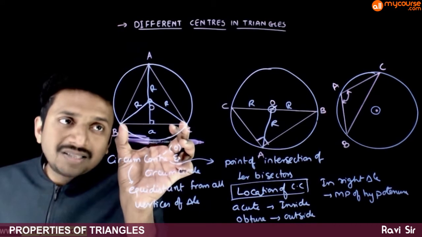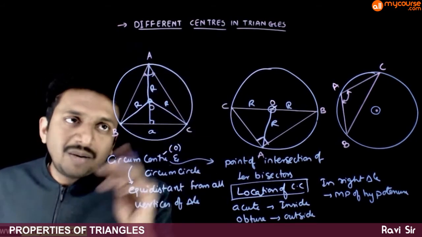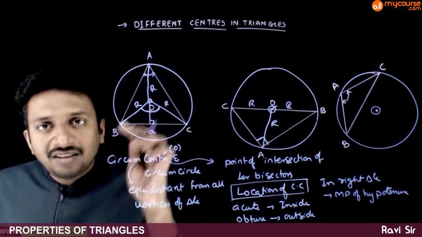The first thing that you need to understand is BC makes an angle of A at the circumference. That means BC will make an angle of 2A at the center.